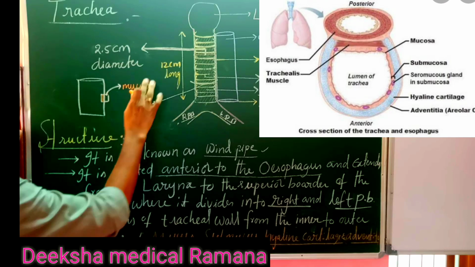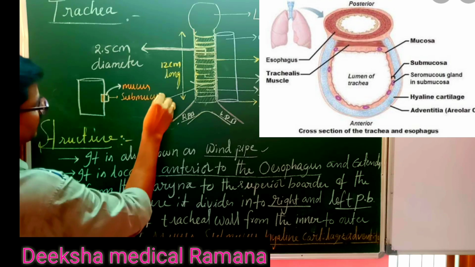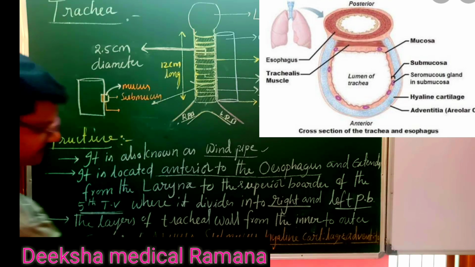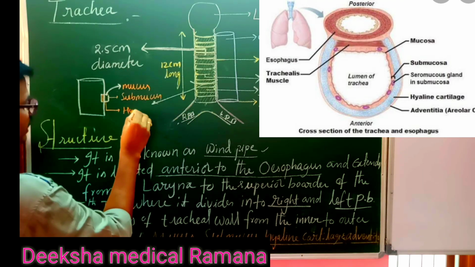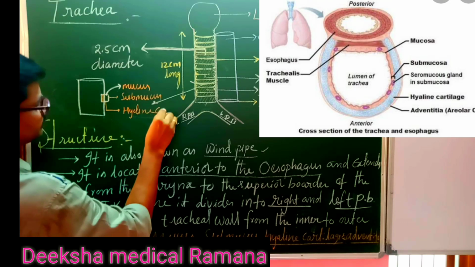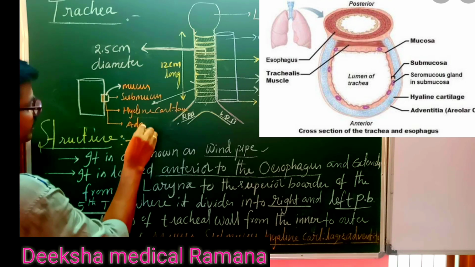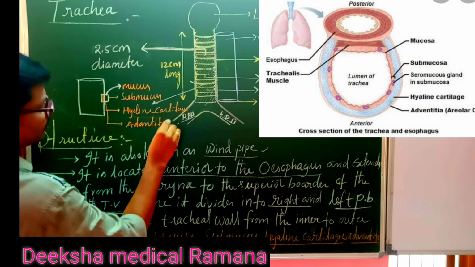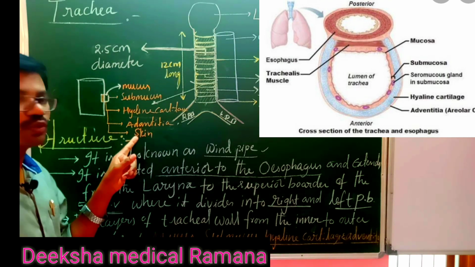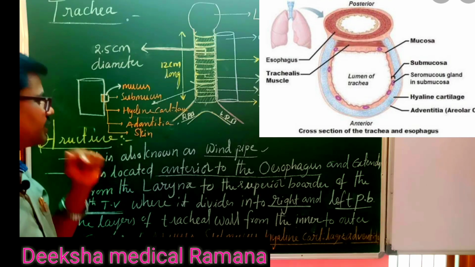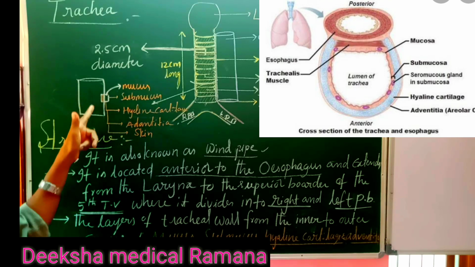The innermost layer is the mucosa, close to the lumen of the trachea. Continuing is the submucosa. The continuation of the submucosa is the hyaline cartilage, that is, the C-shaped hyaline cartilaginous rings. On it is one more layer called the adventitia.